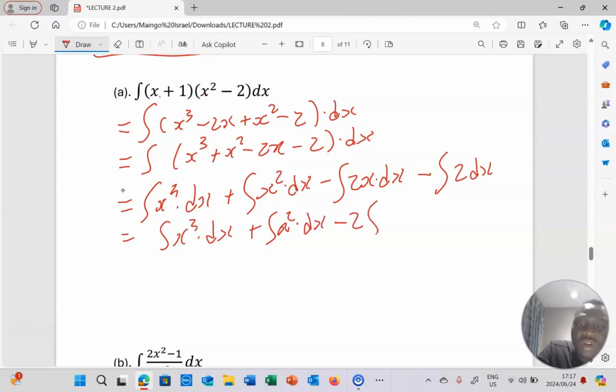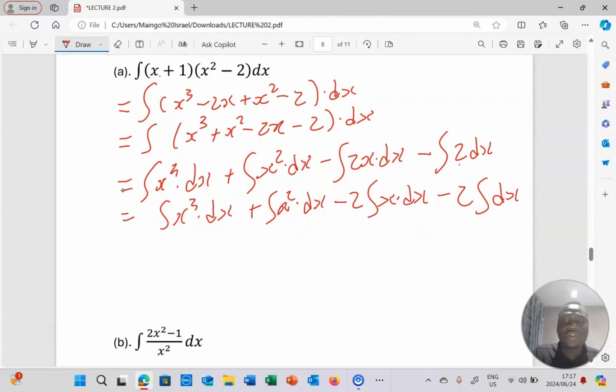Here we are allowed to take out the constant factors, like the 2 in 2x dx and in minus 2 dx. So then we have to integrate now.